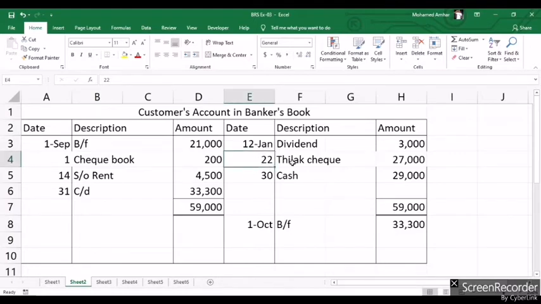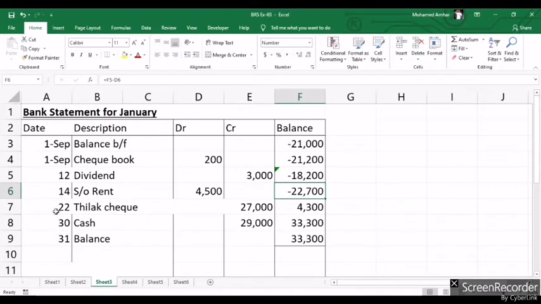On the 22nd, the Tilak check of 27,000 goes in the credit column. So now what has happened? The overdraft is fully recovered, and a favorable balance of 4,300 is appearing.